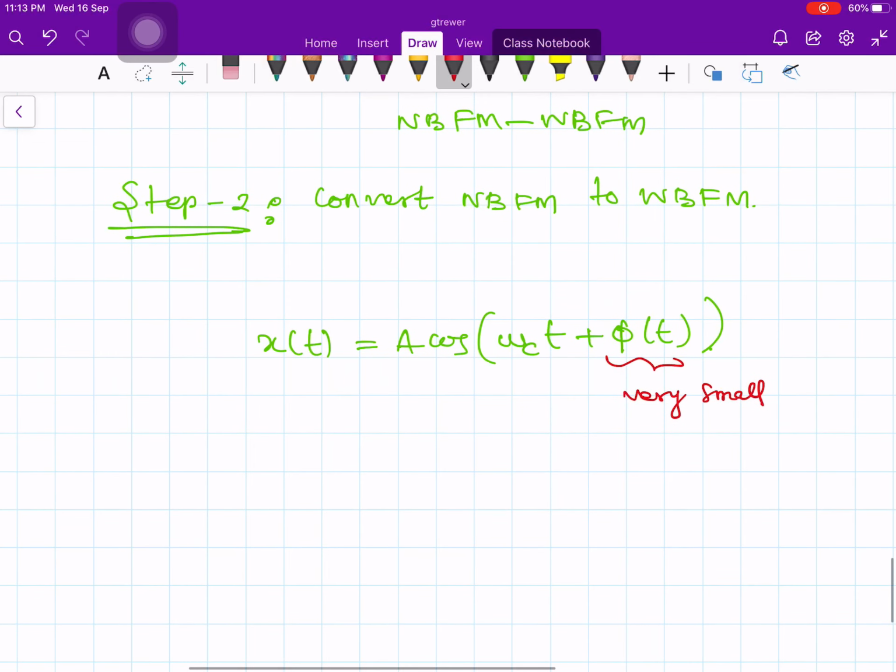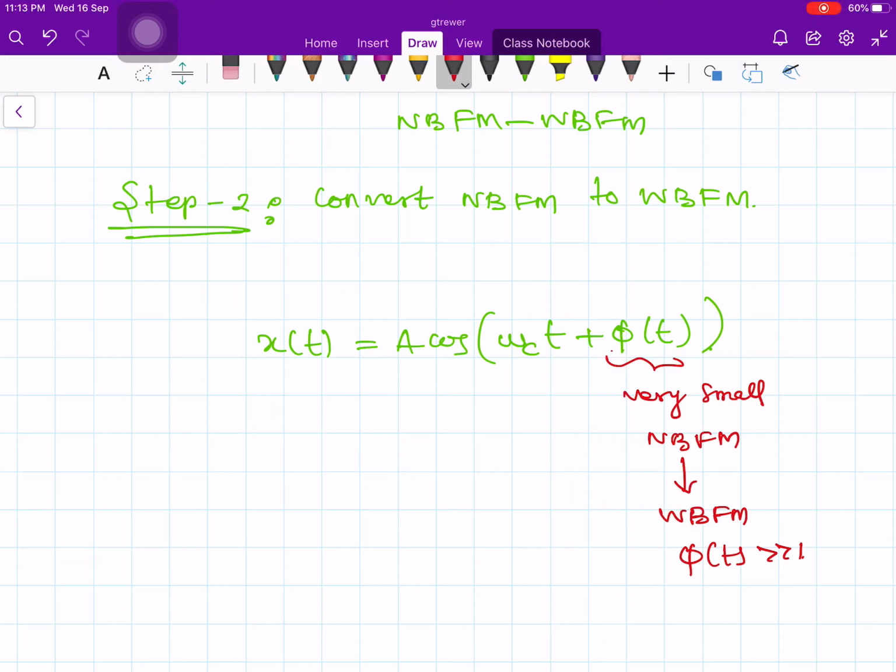If this is very small, then we said narrowband FM. But what we want is a wideband FM. Wideband FM means phi of t must be greater than 1. Therefore, I have to come up with a certain mechanism such that the small value of phi of t becomes a large value of phi of t.